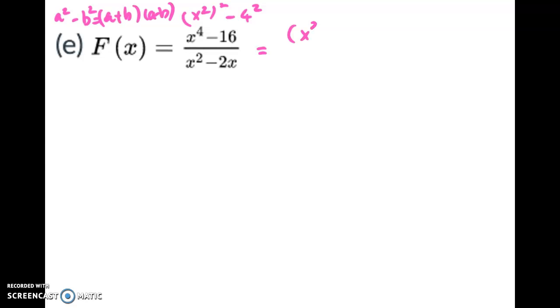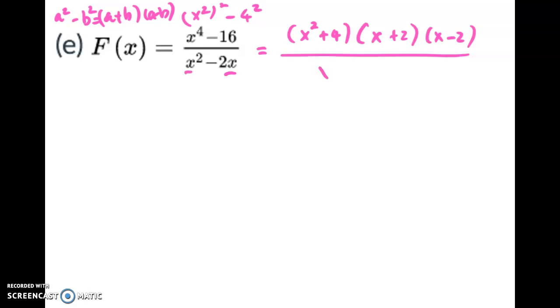So we have x squared plus 4 times x squared minus 4, but wait a second, x squared minus 4 is also the difference of 2 squares, x squared minus 2 squared, right? So I'm going to apply that formula again, so I will rewrite that as x plus 2 times x minus 2. That's the top. The bottom, it's pretty obvious, there's a GCF here. We'll factor out the x, and we have x minus 2.